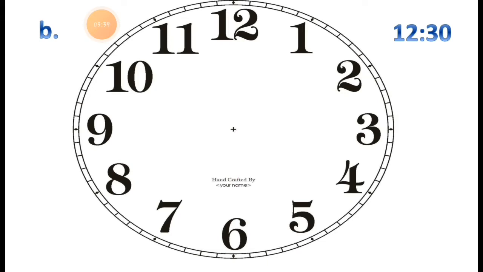Now here is clock number B, you can see. The time given is 12:30. What is the time? The time is 12:30. As the hour is 12, where do we have to draw the short hand?